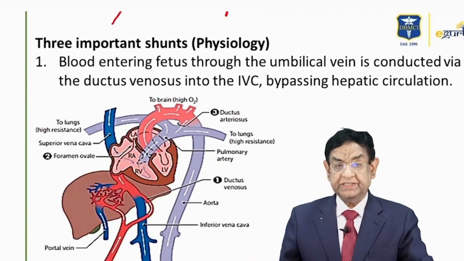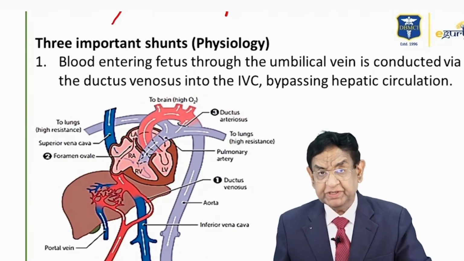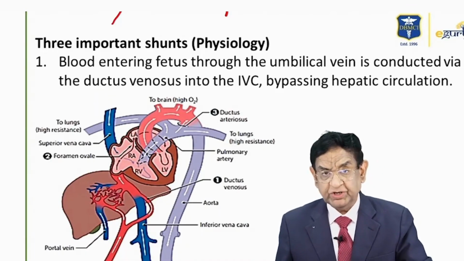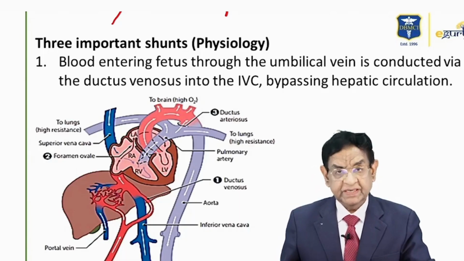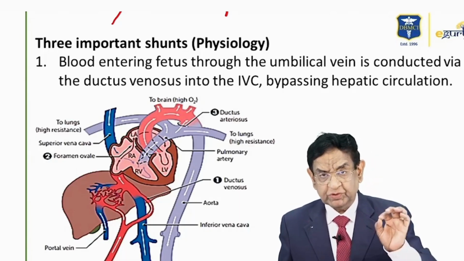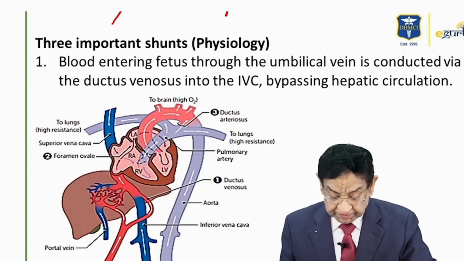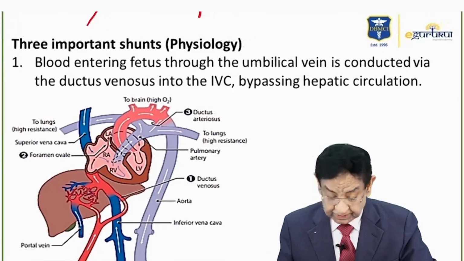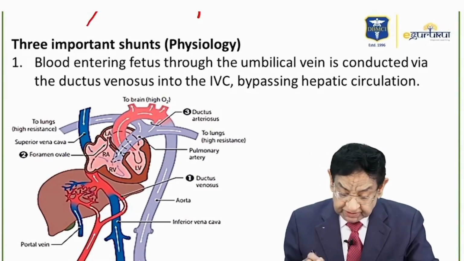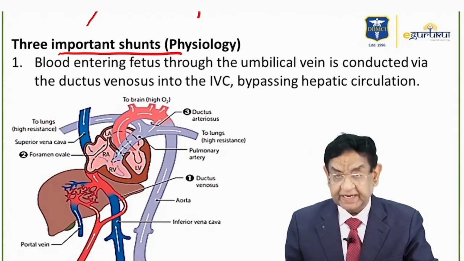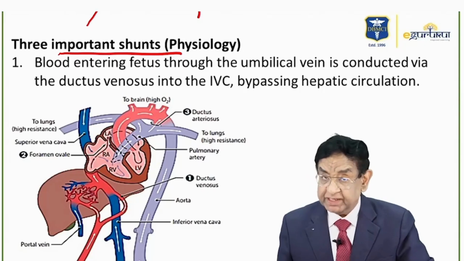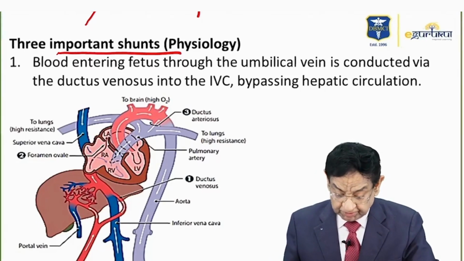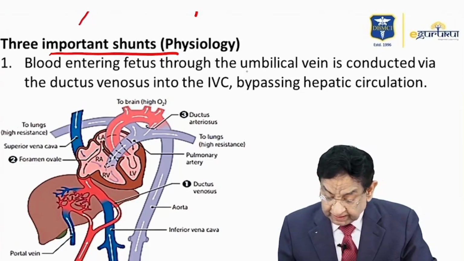So there are three shunts. Now I'll be showing you each individual shunt. If somebody has not understood the previous, with each individual focusing, your concept will be much better. So there are three important shunts as I mentioned. Now each shunt in more detail with a closer outlook. First is the umbilical vein.